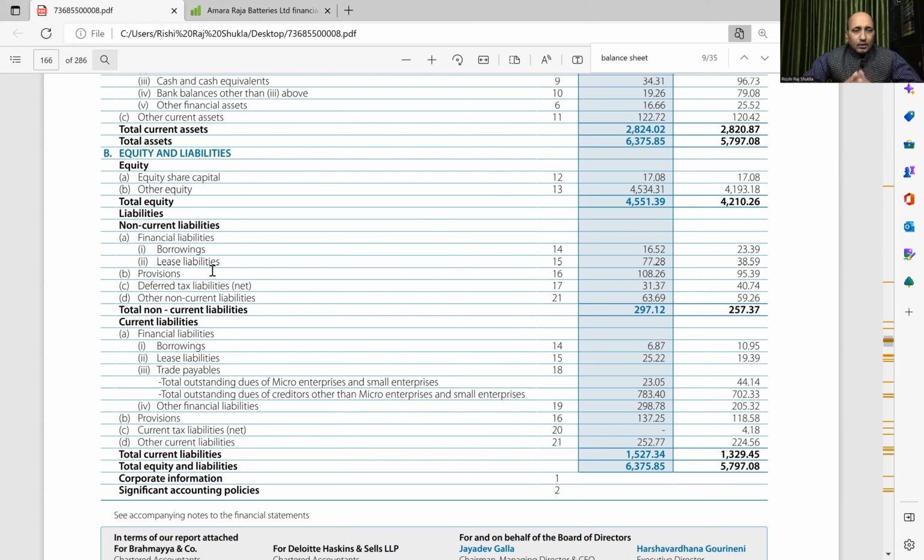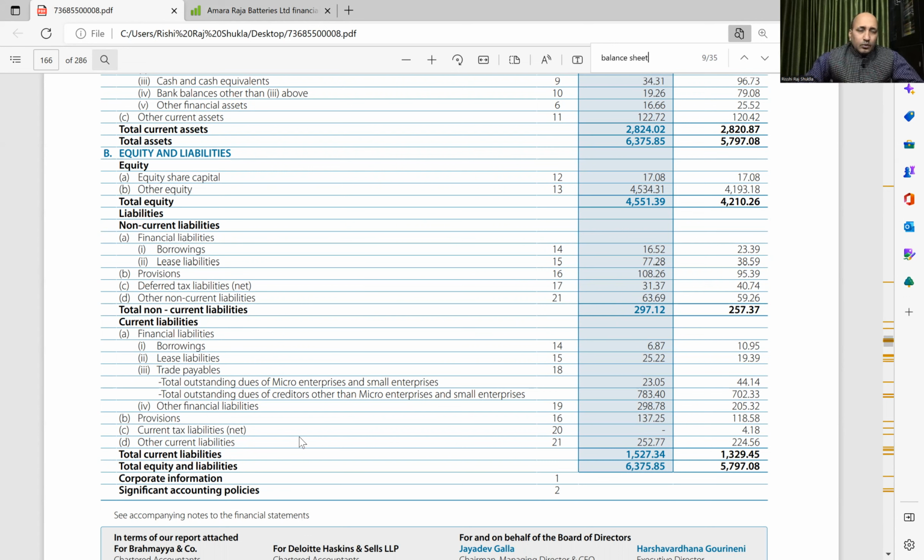Deferred tax liability we have already discussed. Other non-current liabilities there. Again, these current liabilities, whatever is to be paid within a year: financial liability, these borrowings, lease liability, trade payables, provisions, current tax liabilities, other current liability. So these are the things we discussed.